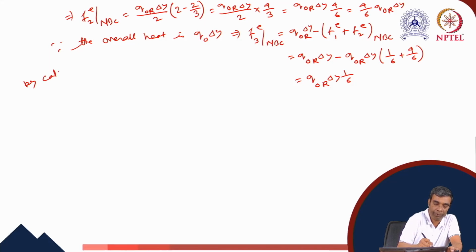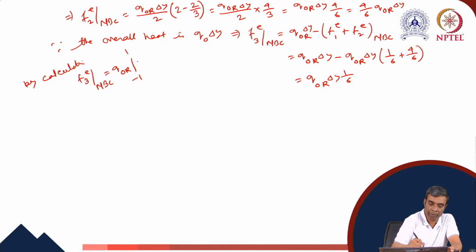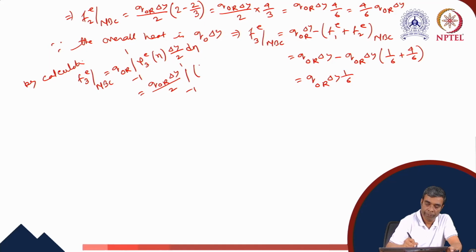By calculating F3E NBC equals Q0R integration minus 1 to 1 psi 3 of eta delta y by 2 d eta, equals Q0R delta y by 2 integration minus 1 to 1 of eta by 2 plus eta square by 2 d eta.